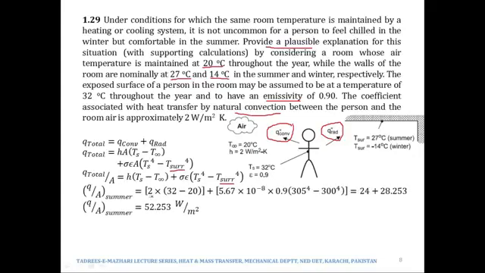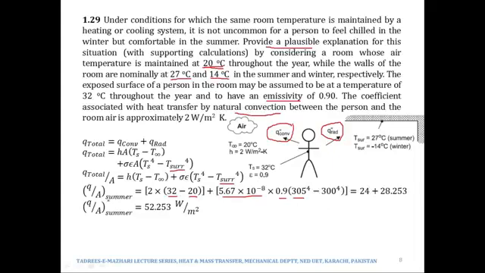Now h is 2. Ts, the temperature of the surface of that person, is 32 degrees Celsius. The temperature of the surrounding air is being maintained at 20 degrees Celsius throughout the year. Sigma is 5.67 times 10 to the minus 8. Epsilon is 0.9. The temperature of the surface of the person's body is 32 plus 273, because now we are considering radiation, so we are bound to put the temperatures in Kelvin, minus the temperature of the wall in summer.